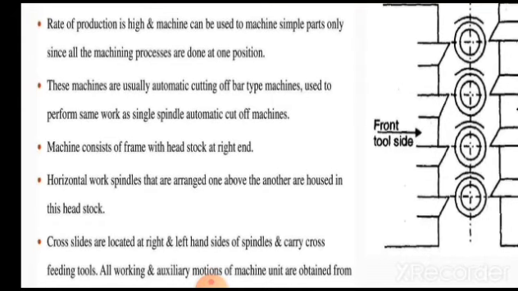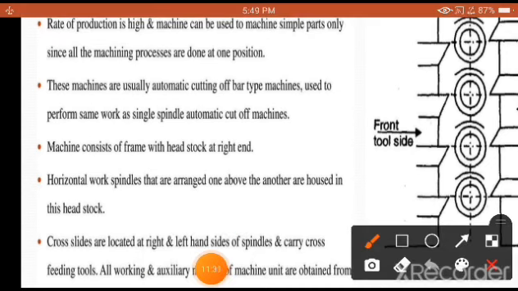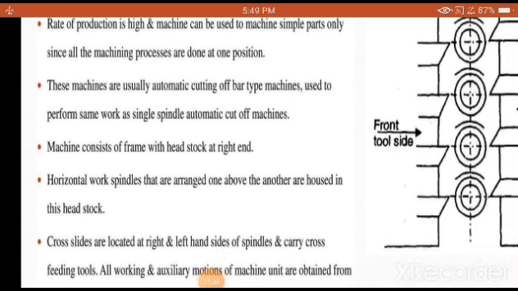Machine consists of a frame with a headstock at the right end. Horizontal work spindles that are arranged one above the other are housed in this headstock. Here one, second one, third one, like this, first, second, third and 4 spindles are arranged, where the workpiece is fed.